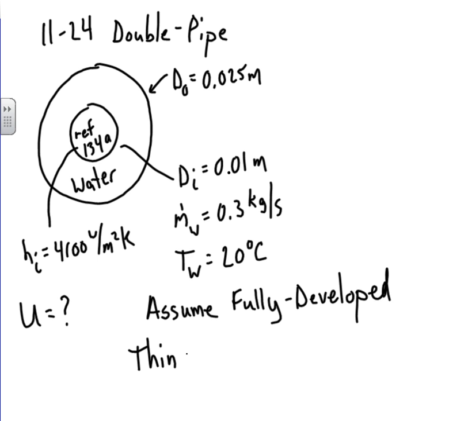So because it is thin-walled, that allows us to assume that there is no conduction resistance across the thickness of this pipe, because that thickness is very, very thin. So that means no conduction resistance.